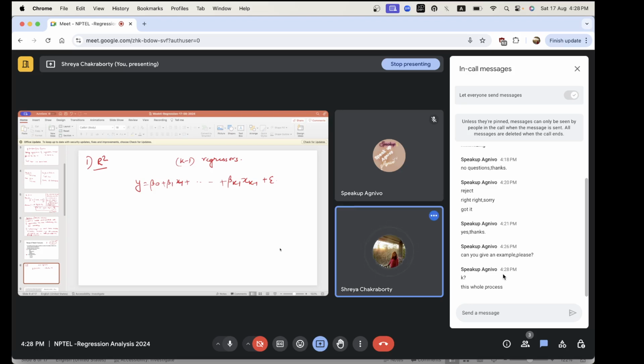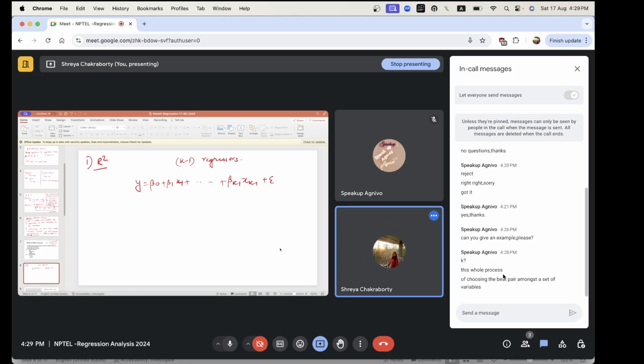Can you please specify? This whole process. A little more specific. Choosing the best pair among a set. Yes, that is what I'm telling you. How to choose the best set of predictors from a set of variables.